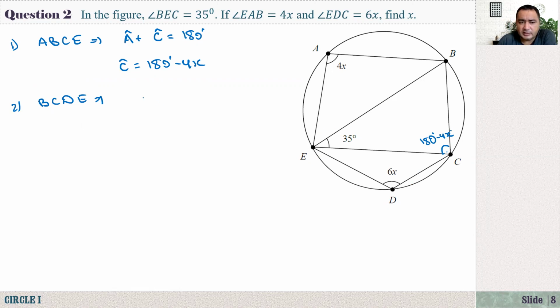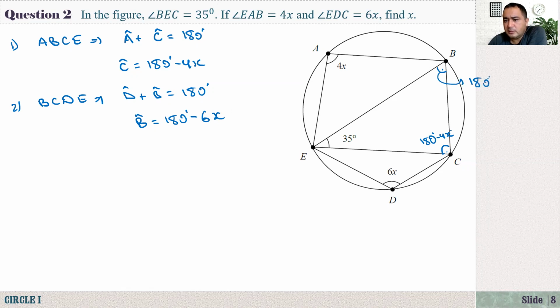That means that angle D plus angle B is equal to 180 degrees. This angle B is this angle, right? So what is angle B then? Angle B is 180 minus 6x degrees. So this angle is 180 minus 6x.